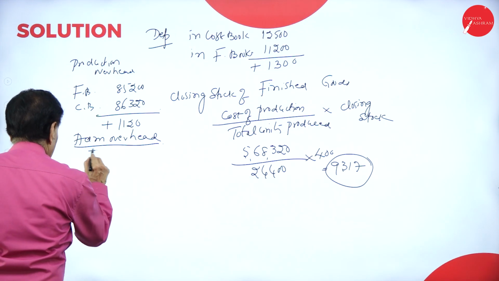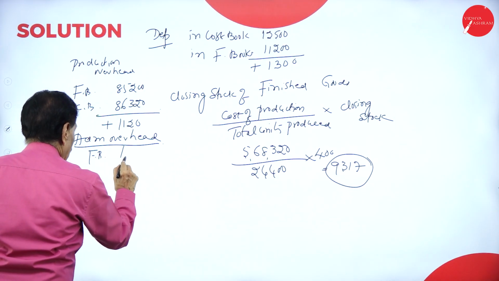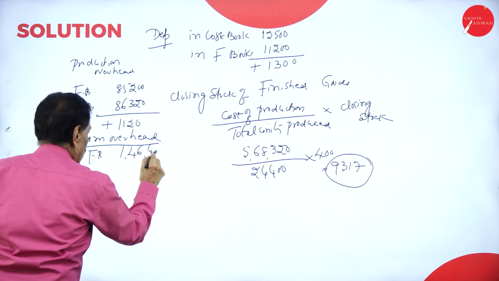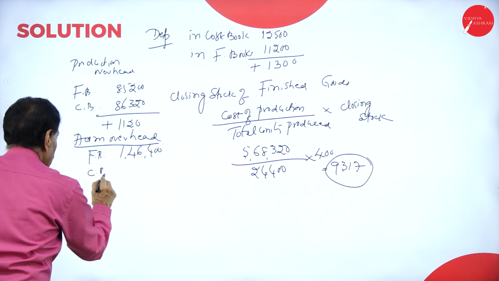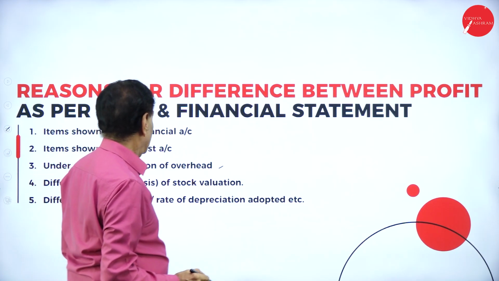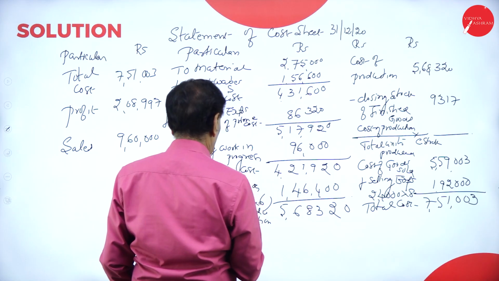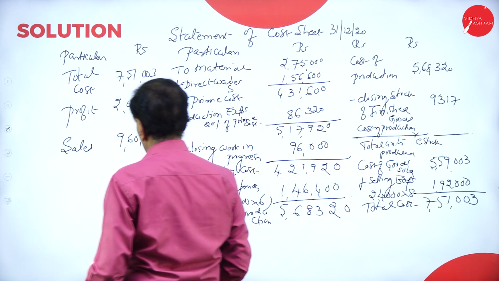Administration overhead. As per cost book 1,46,400. FB means financial book, CB means cost book. As per cost book this is 1,46,400.